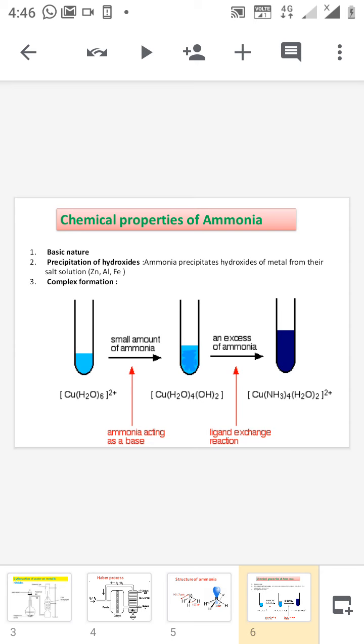So this is an example of the complexing effect of ammonia.